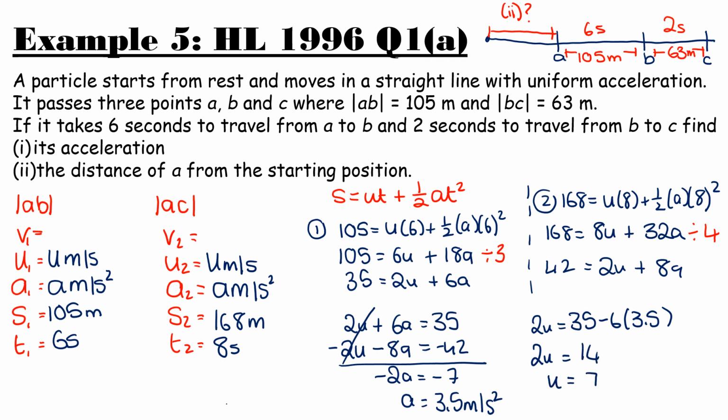So U is equal to 7 meters per second. We were not asked for U. We were only asked for the acceleration for part 1. However, for the second part, the distance of A from the starting point, we will need that initial velocity, or at least thinking about that in terms of the second question, we want the velocity at A.